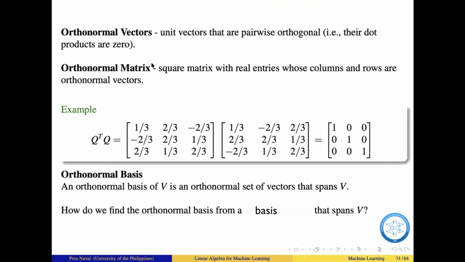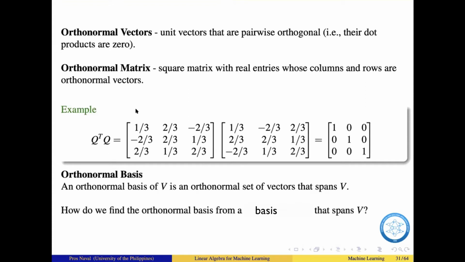Orthogonal vectors. Orthonormal vectors are unit vectors that are pairwise orthogonal. That means that their dot products are 0. Orthonormal matrix. An orthonormal matrix is a square matrix with real entries whose columns and rows are orthonormal vectors.